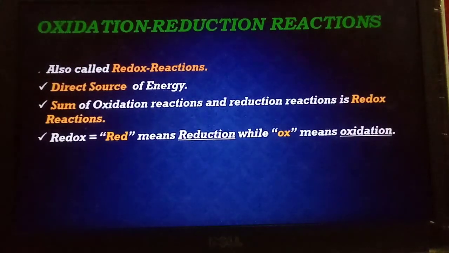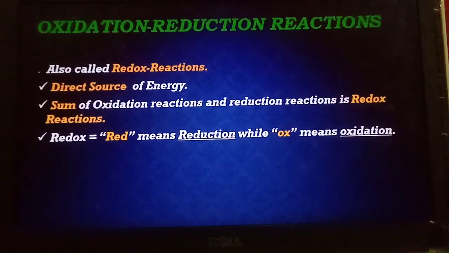Another topic: oxidation reduction reactions, also called redox reactions. Red means reduction and ox means oxidation, so these are reactions in which reduction and oxidation take place.